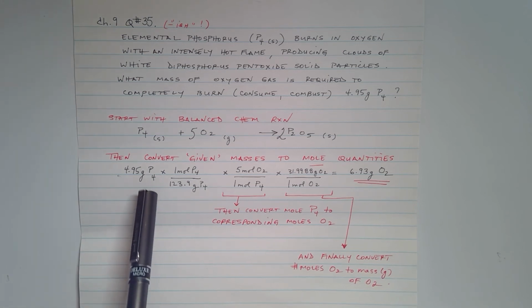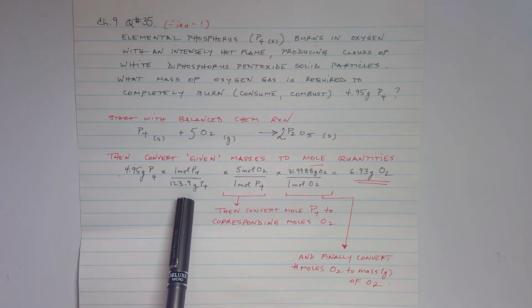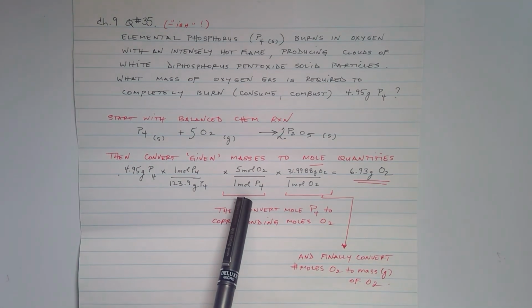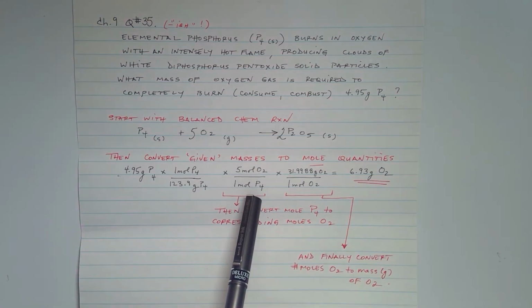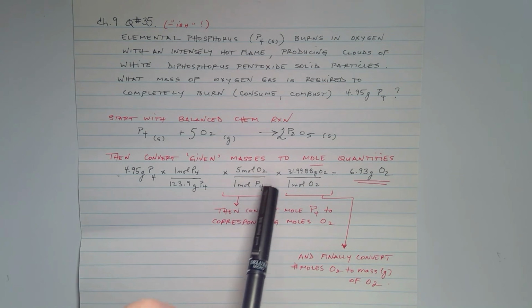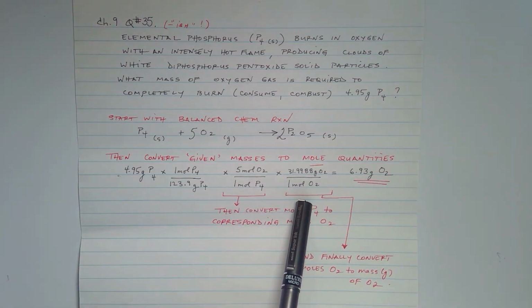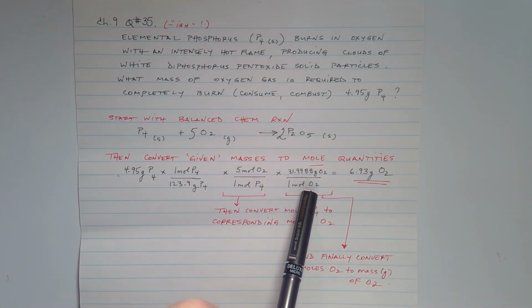So this is my mass of phosphorus converted to moles of phosphorus, converted to a corresponding number of moles of oxygen required to react with that many moles of phosphorus. And then that number of moles of oxygen is now converted to a corresponding mass of oxygen, because that's what I'm asked for. So mass to moles, back out to mass.